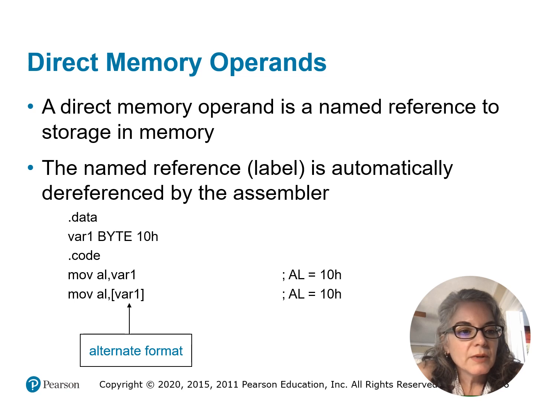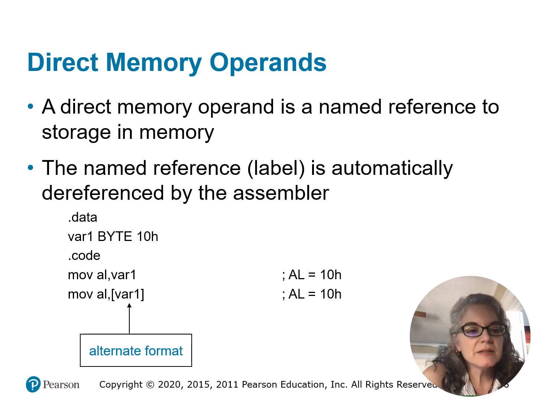So in this example here, it says direct memory operands. A direct memory operand is a named reference to storage in memory. The name reference label is automatically referenced by the assembler. So this would be just a variable.